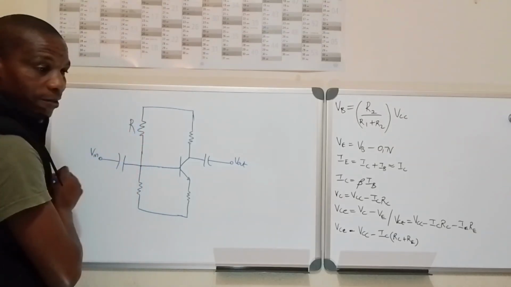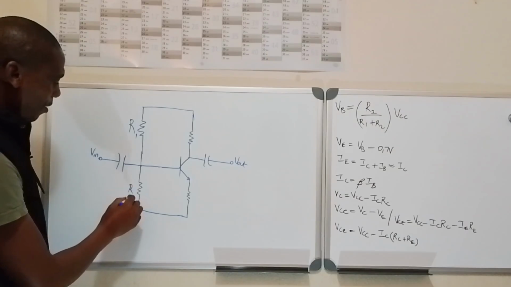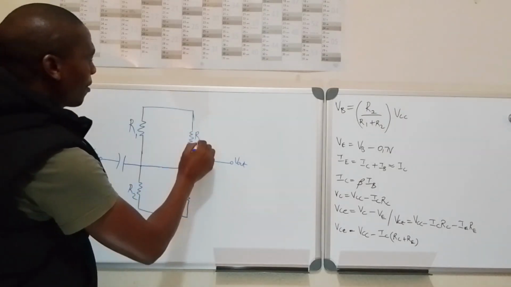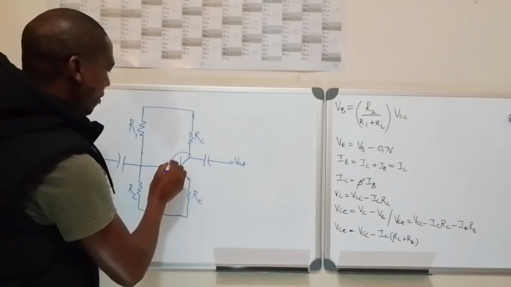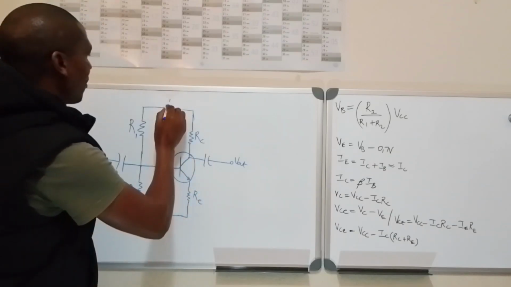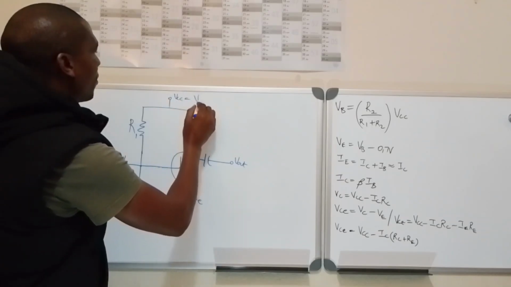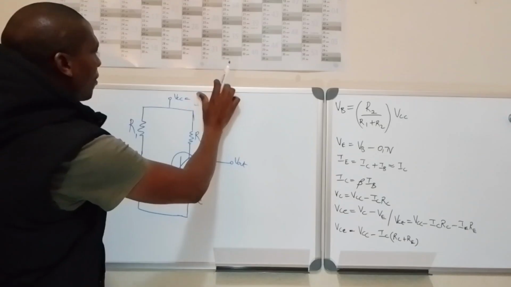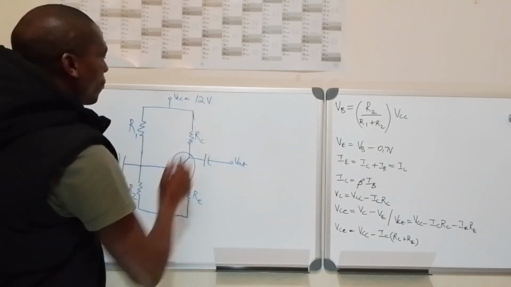This is R1. This is R2. This is RC. This is RE. Let's supply this transistor 12 volt.